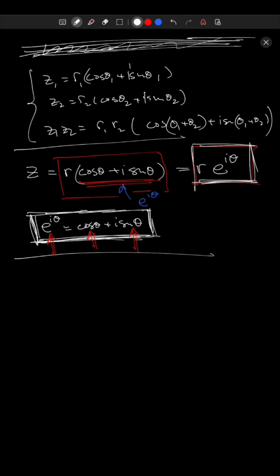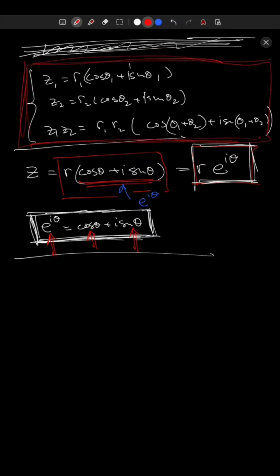See, we have the multiplication property up here that we just wrote down. Kind of nasty, ugly, and we do have to remember, in a way, theta 1 has to add to theta 2. r1 has to multiply to r2, right? And that's not necessarily so easy to remember. Maybe you remember it wrong and you add the r1 and r2, then you're in trouble, right? Maybe you remember it wrong and you multiply theta 1 and theta 2, then you're in trouble.